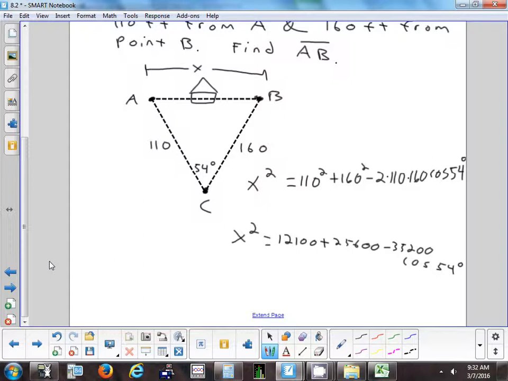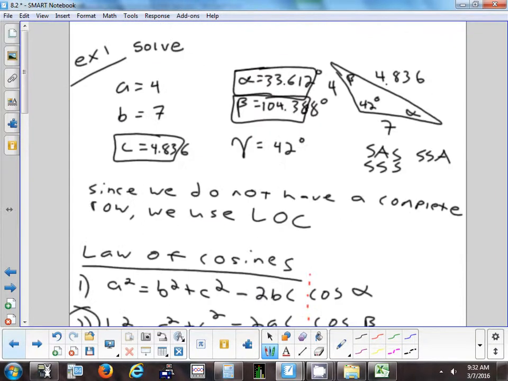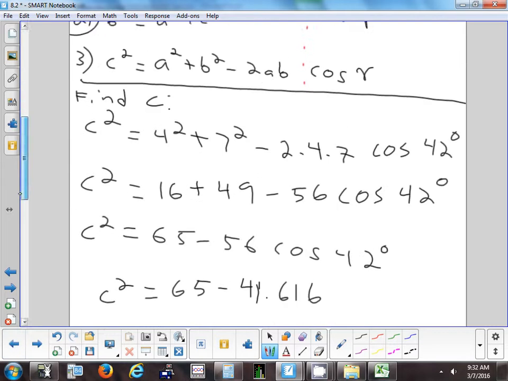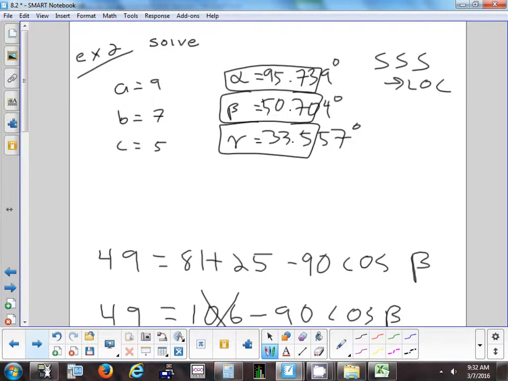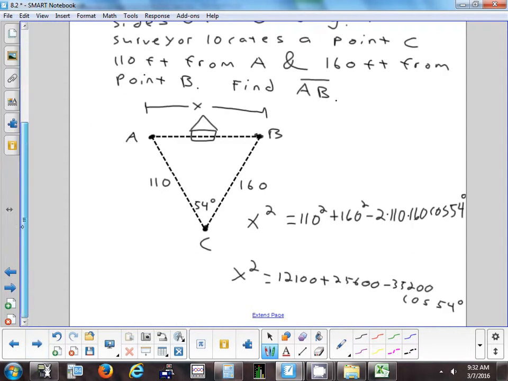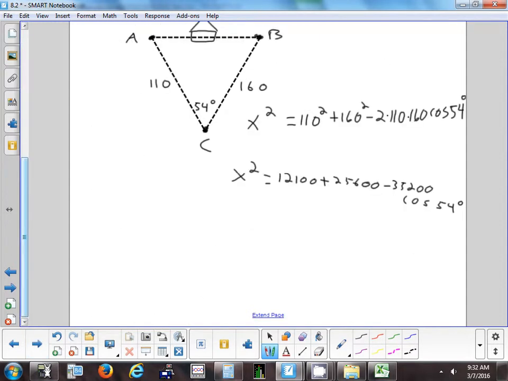You'd add the 12,100 and the 25,600. Then you'd multiply 35,200 times cosine 54. And then you'd subtract. And your last step to get rid of this exponent would be square root. Okay, this is very similar to example 1, where the variable is already by itself on the left, and you're just doing all the arithmetic on the right. Okay, so any questions on how to finish from here? Okay.